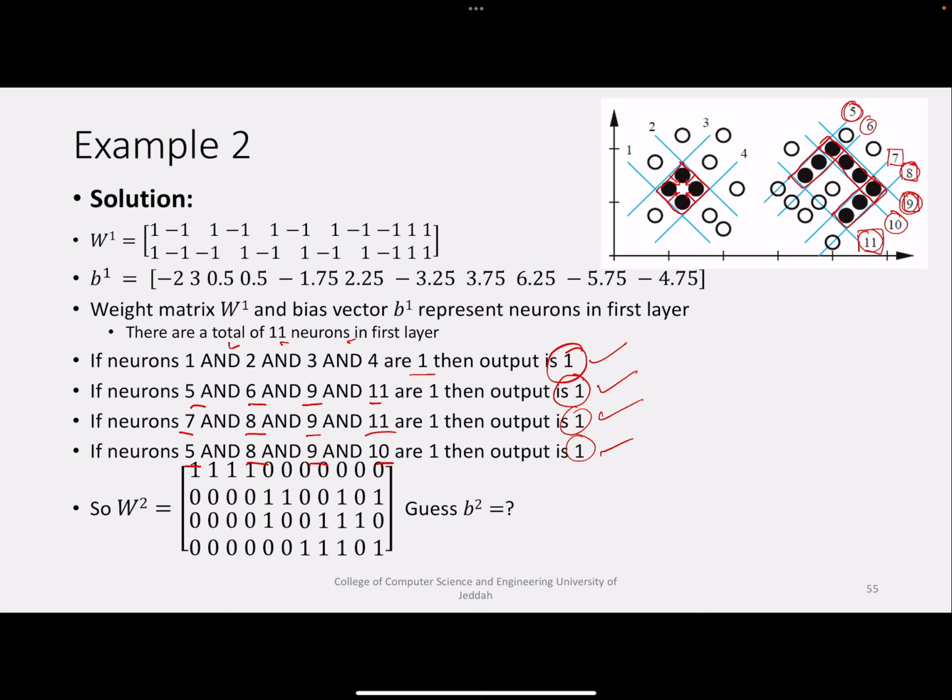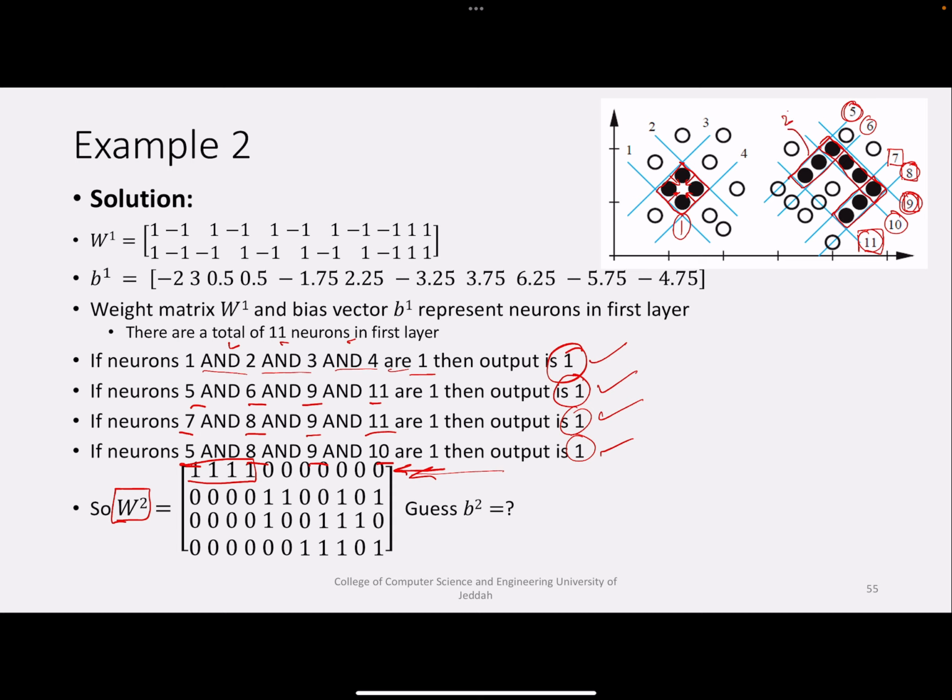So in the second layer, we're performing AND operations between different decision boundaries, and that's represented in the weight matrix of the second layer. So 1, 1, 1, 1. Each row over here represents one bounded box. So the first row is this bounded box.